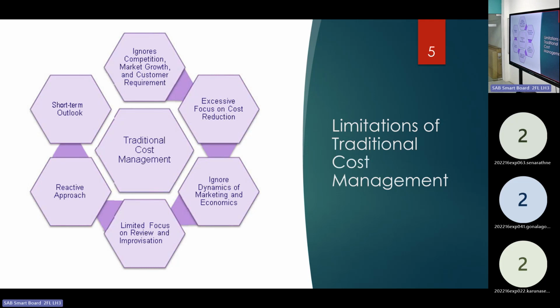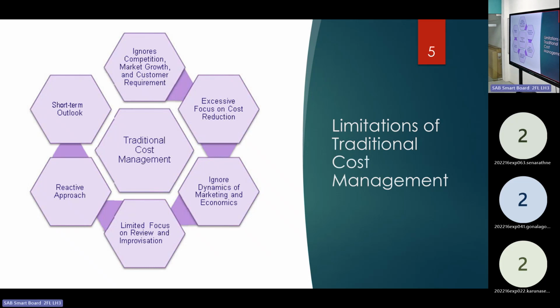I start with that slide, short term. My focus is short term traditional cost management. And it is internal focus. So it ignores the competition, market growth, customer requirement, right?